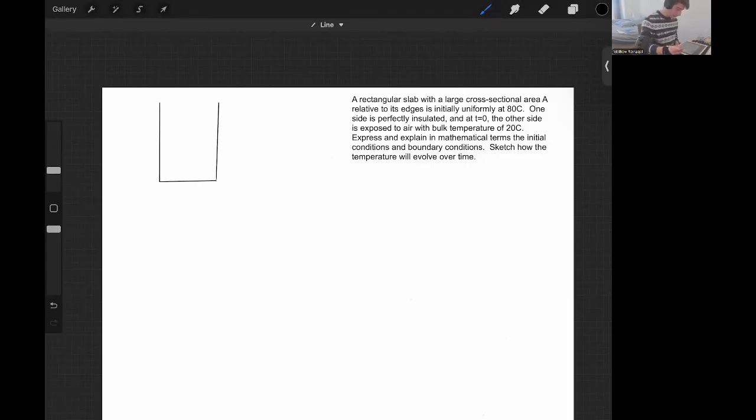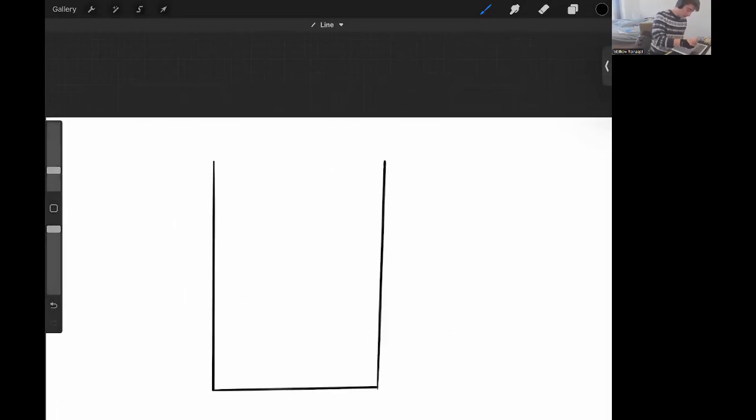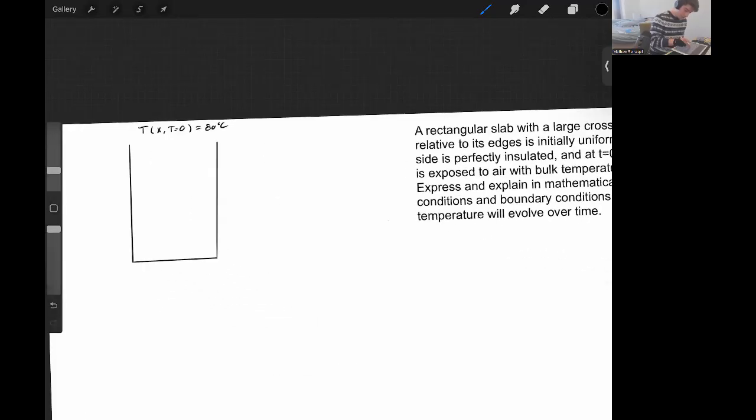Now, for our initial conditions, we're told that it is uniformly 80 degrees Celsius. So what I'm going to do is write down that the temperature at x at t, or time, equals 0 equals 80 degrees Celsius. So we have that as an initial condition.